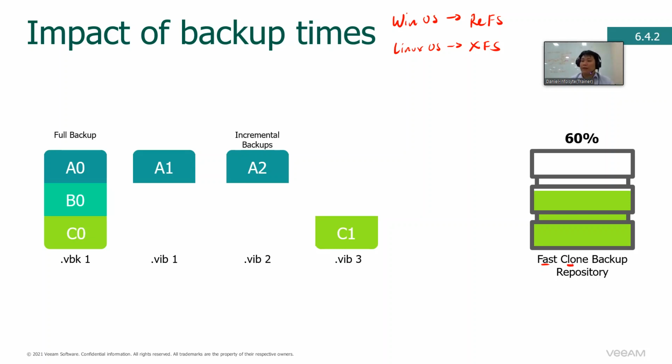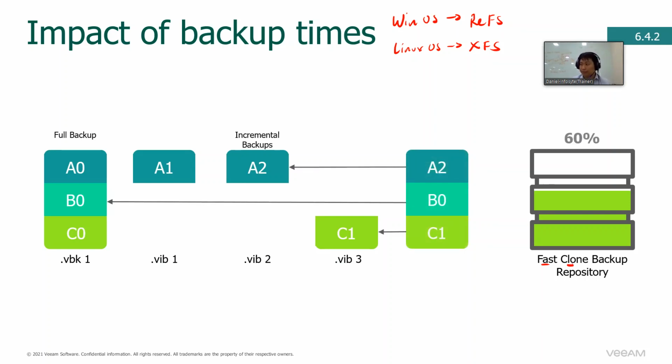Pretty easy. If fast clone is supported when I perform synthetic operation, okay, so this is still your same synthetic full, yeah? Now, I will not be creating the full backup straight away by actually copying the data. I will be using pointers, okay, to create the full file over here.